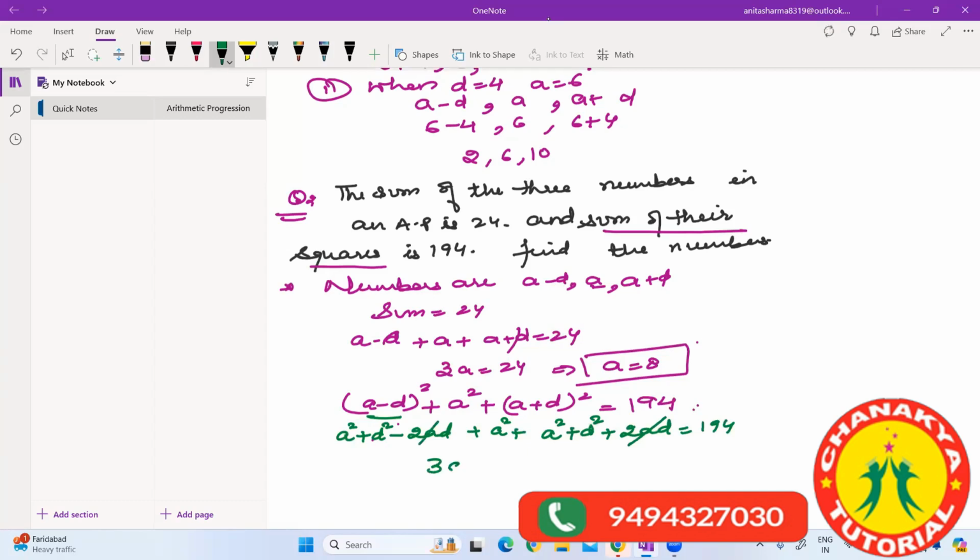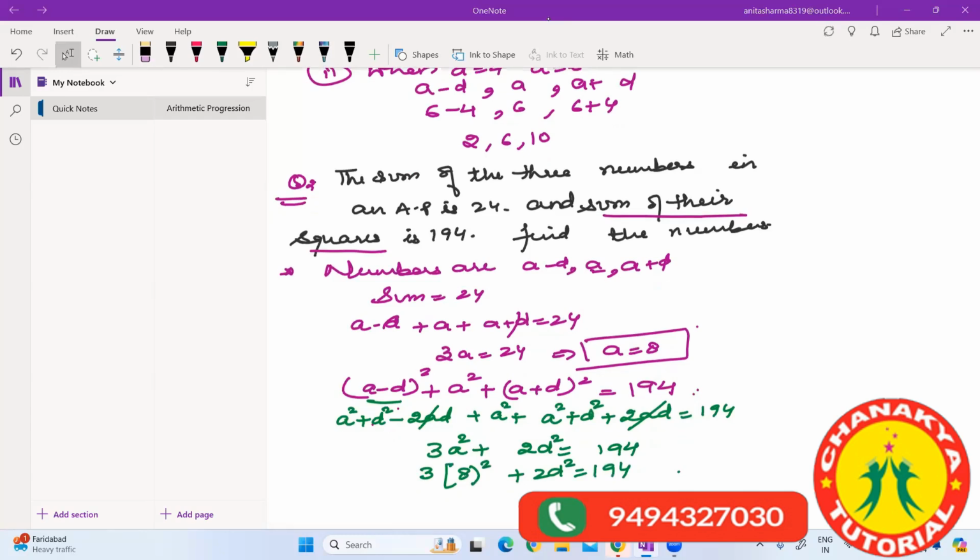Then you will get 3A square plus 2D square. Right, beta? Yes, ma'am. Now put the value of A here: 3 into 8 square plus 2D square is equal to 194. 3 into A square is 192.